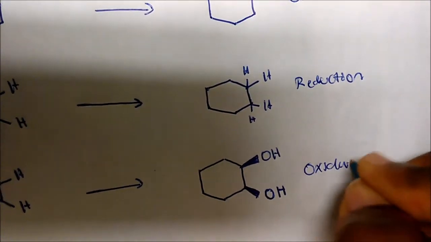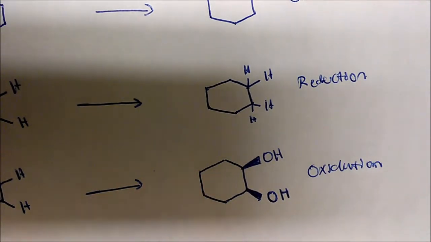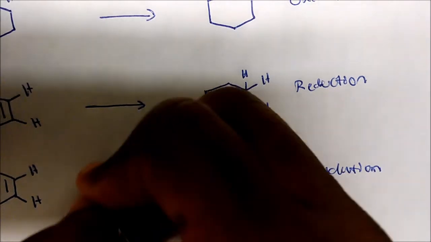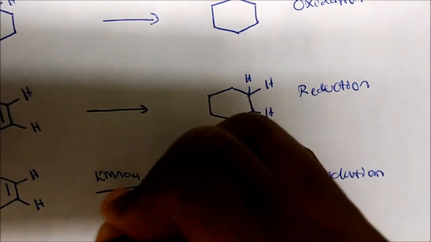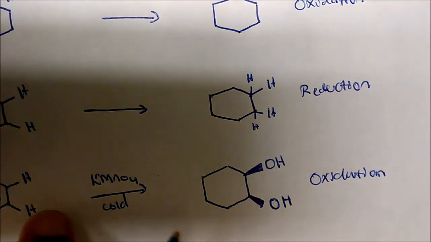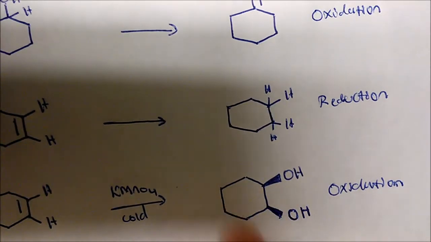So this is actually oxidation. A good reagent to get this is potassium permanganate. If you use potassium permanganate in cold conditions, you'll get the diol. So that's the idea.